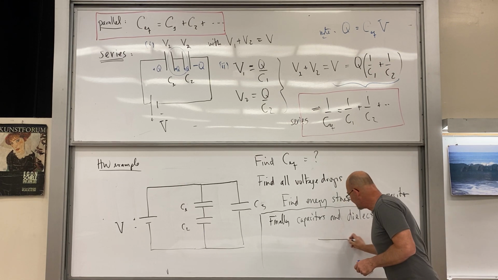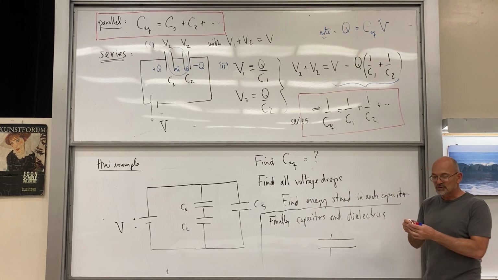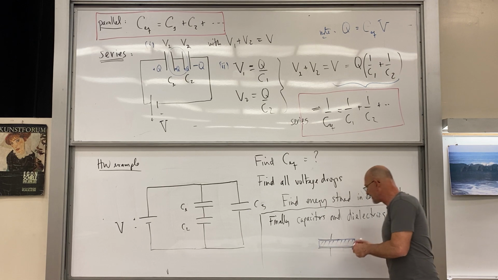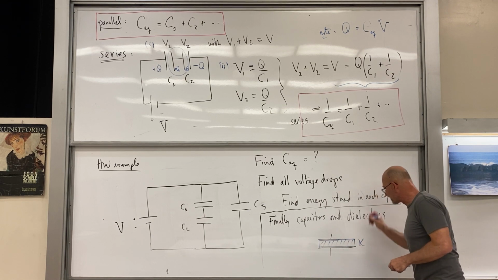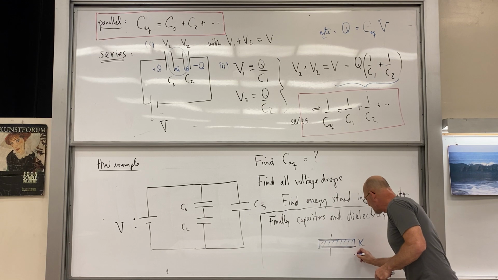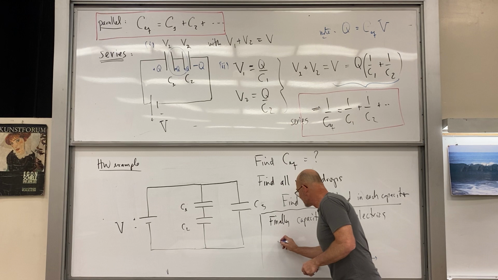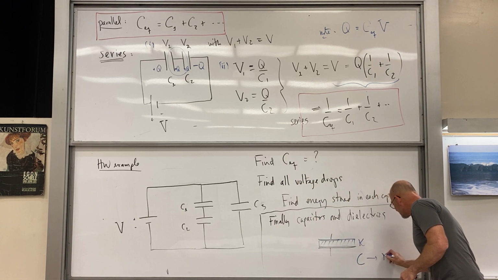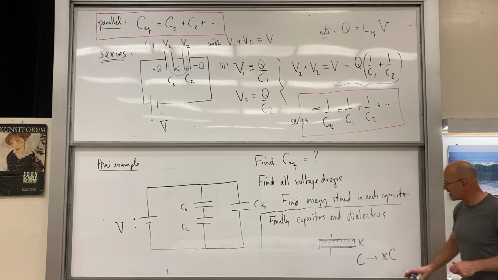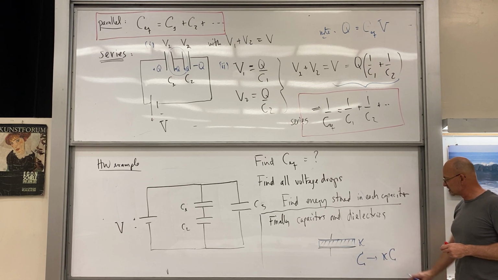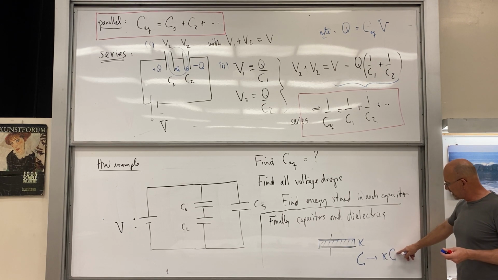Here the idea is simply that if you put a non-conductor, a dielectric, in between a capacitor, it changes the capacitance. So put something in between there with a dielectric constant kappa, and then C goes to kappa times C. So if you're doing a problem with that situation, then you just multiply the capacitance times kappa.